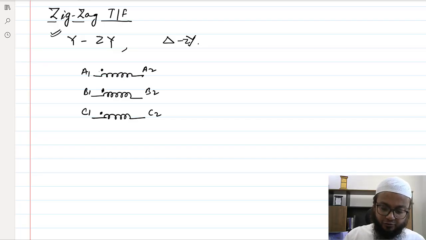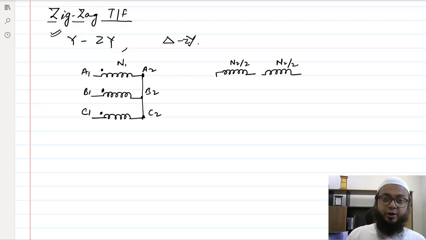And if you make the neutral point out here, that makes the star at the primary. But in the secondary side, each phase winding is equally split. So if the number of turns was, let's say, N2, this is N2 by 2 and this is N2 by 2. So overall in one phase, the turn ratio would be N1 upon N2, which is actually a.